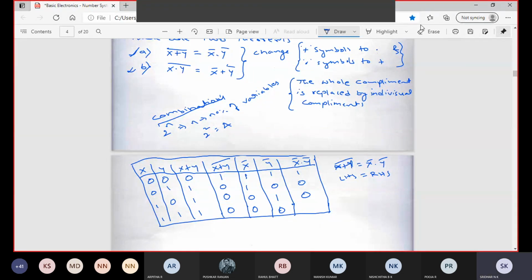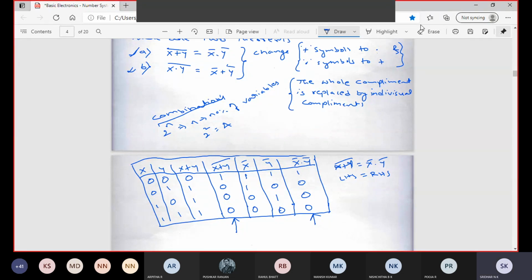Right. Now, what is this? X plus y whole bar. Where is x plus y whole bar? This column, correct? And which is the x bar dot y bar column? This one, the fourth one.